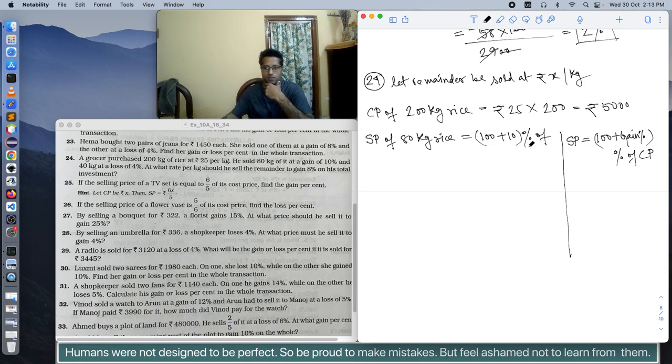We need the cost price. The selling price of 80 kg of rice will be 100 plus 10% of cost price. And what is the cost price? It should be the cost price of 80 kg of rice, so this should be 80 multiplied by 25, since the cost price per kg is rupees 25.